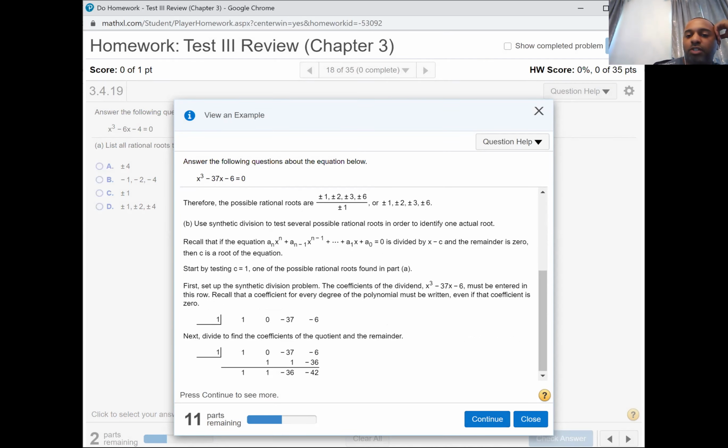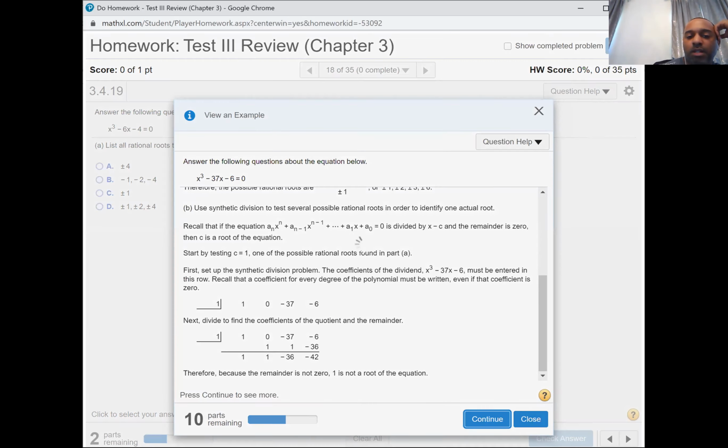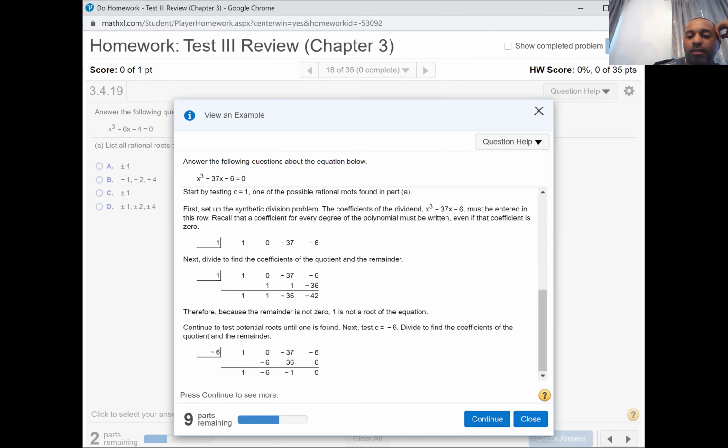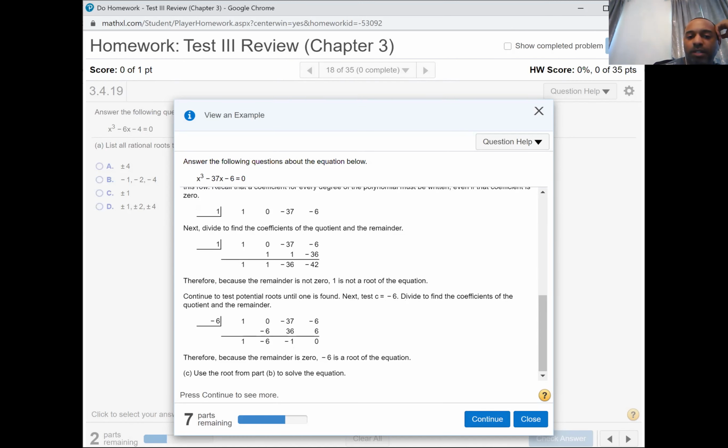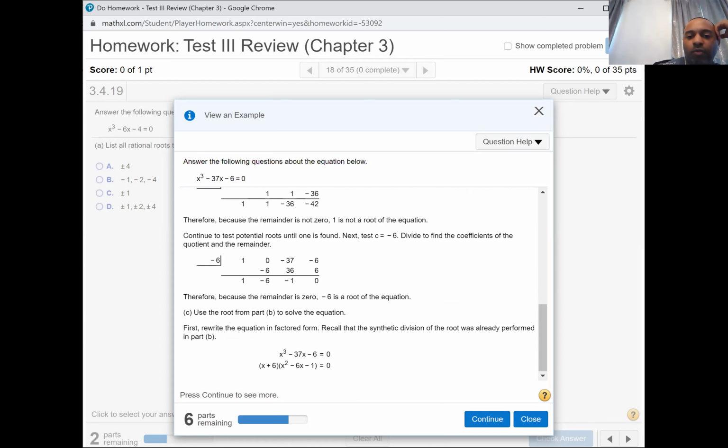I understand. So that means that you can't look at, let me see, I'm trying to get there to where you were talking about. Right, see, look at this right here. It has -6 in the box, but that's why it has x plus 6 down here. But if you have a +6 in that box, you're going to have x minus 6 right here.